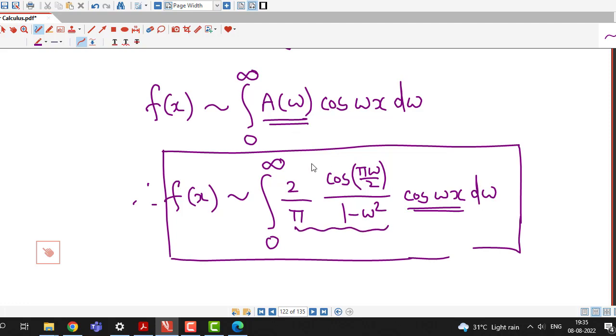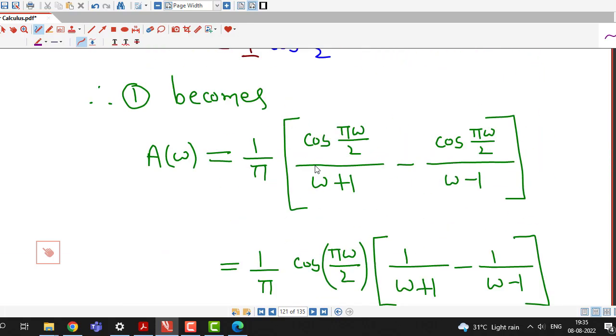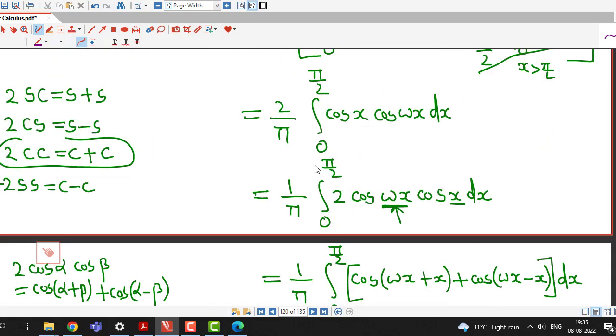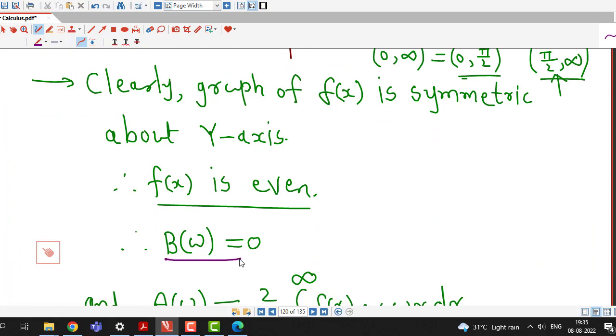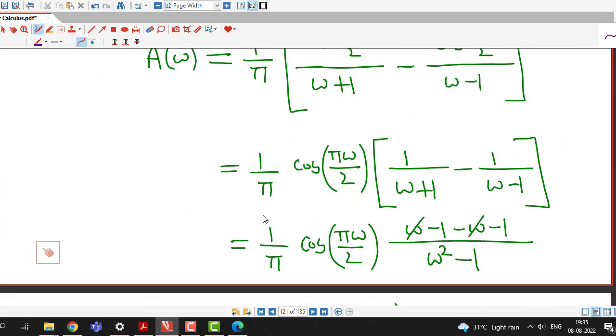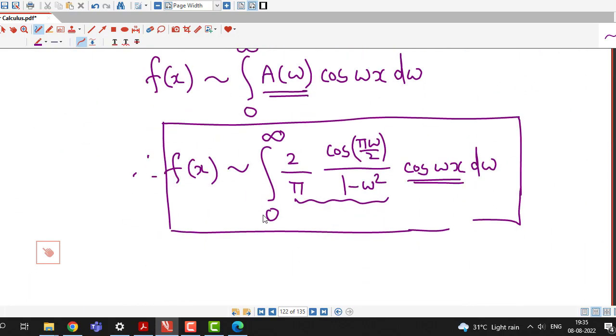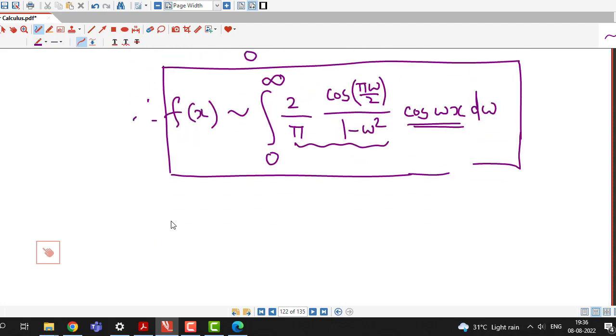This is a omega. So in this way, if our function is even or odd, we can use this criterion: if f x is even, b omega is 0, if f x is odd, a omega is 0, and if we have an even function, the Fourier integral contains only cosine terms, that is we have a Fourier cosine integral, and if f is an odd function, we have only a Fourier sine integral.